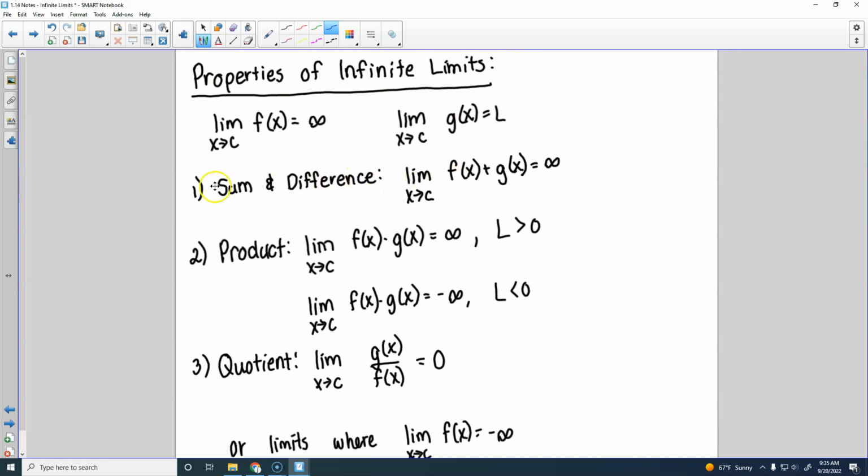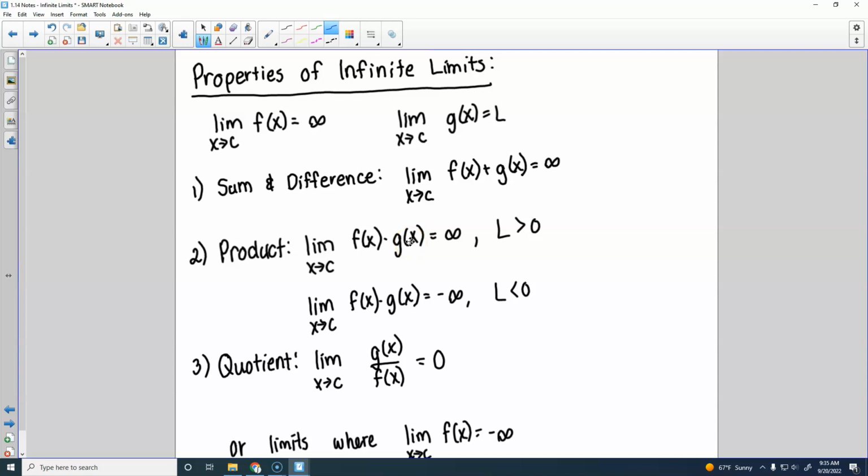So if we are doing the limit of f of x plus g of x, infinity plus any number is going to just give you infinity. Even if it's a negative number, infinity minus 10 million is still infinity, because infinity is so big that it trumps everything else.